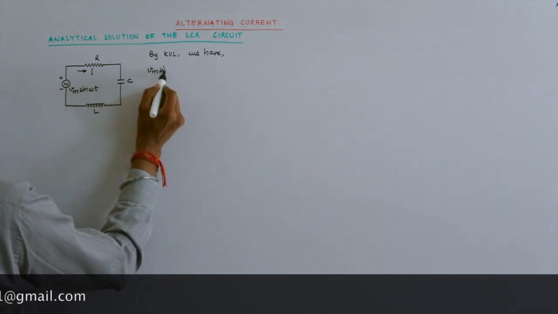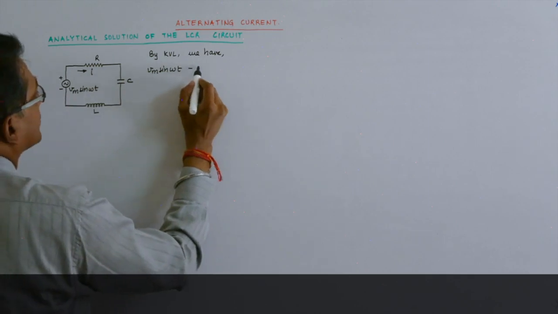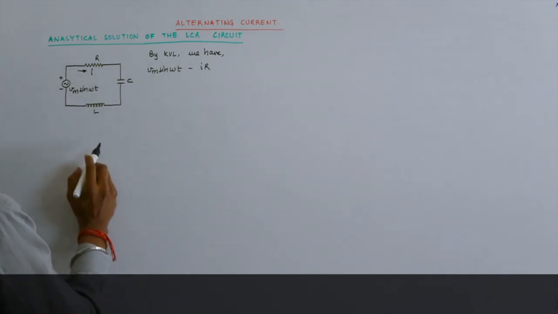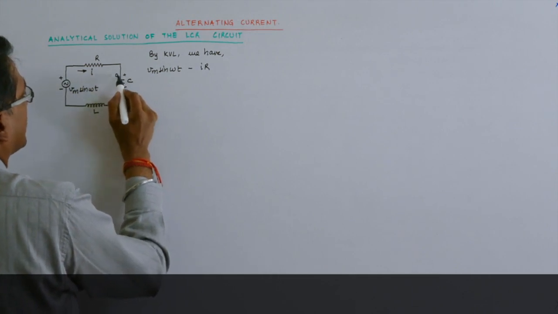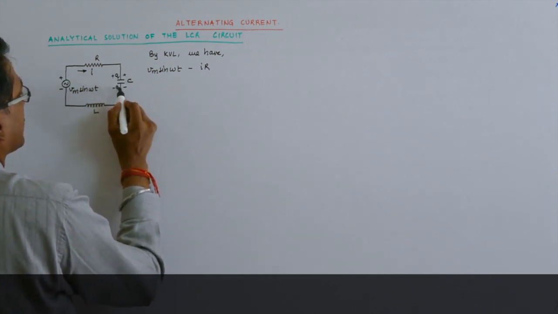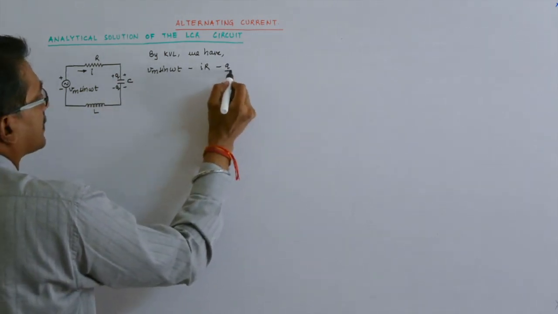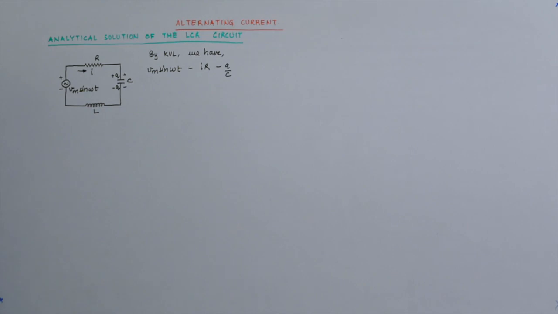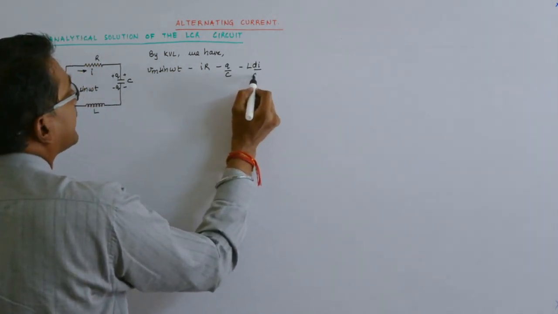Vm sine omega t, correct, minus IR, this will be some plus Q here and minus Q here, so, and this is a drop, so minus Q upon C, is it not, minus L di by dt.